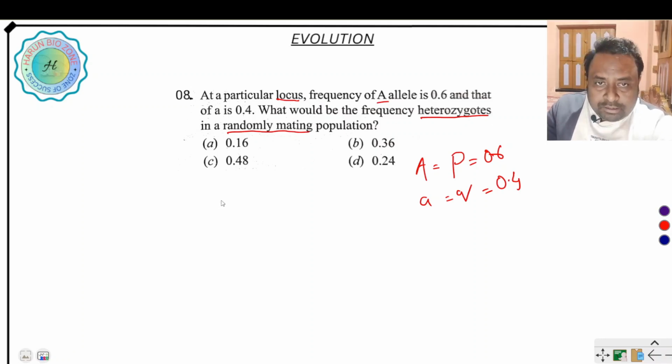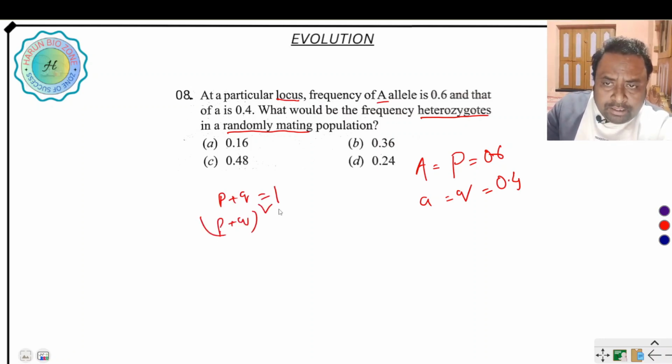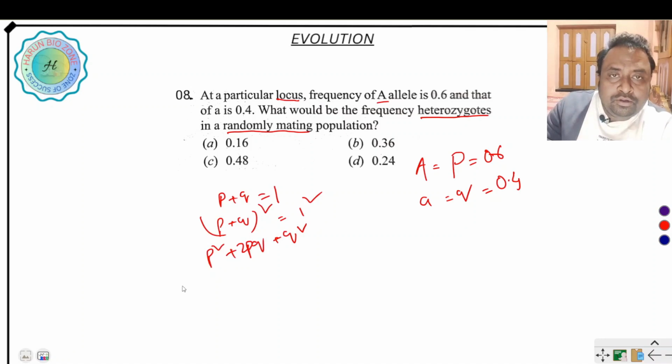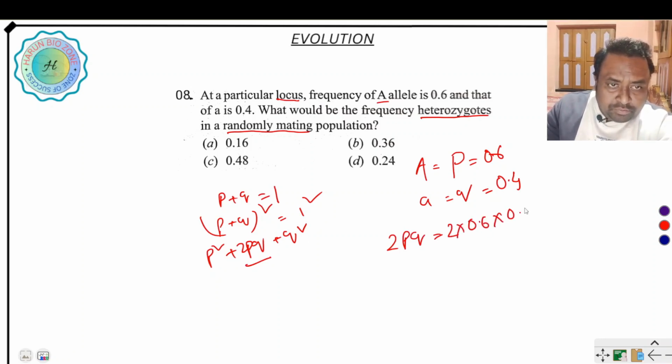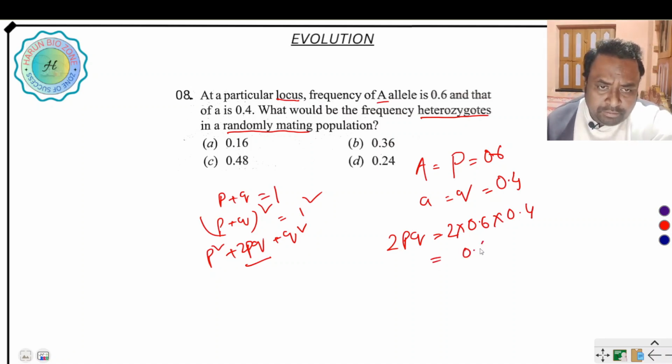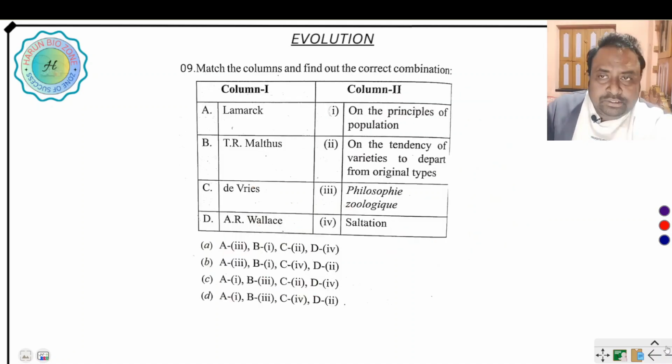According to the Hardy-Weinberg law, p plus q is equal to 1. So (p plus q) whole squared is equal to 1 squared, meaning p squared plus 2pq plus q squared. Here they want 2pq. The value of 2pq is 2 into 0.6 into 0.4, that is 0.48. Correct answer.